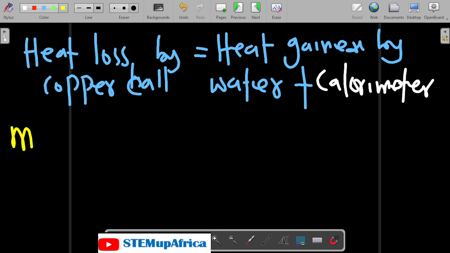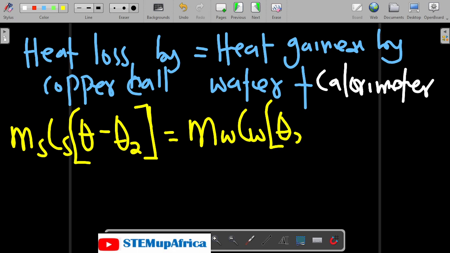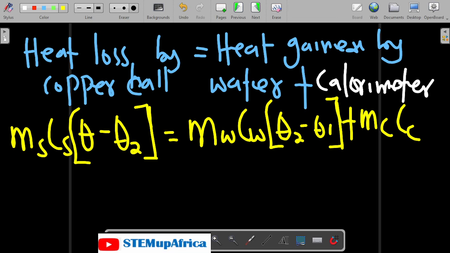So what is the heat lost by copper? It will be mass of solid, specific heat capacity of solid, theta minus theta 2, is equal to mass of water, specific heat capacity of water, theta 2 minus theta 1, plus mass of calorimeter, specific heat capacity of calorimeter, theta 2 minus theta 1. That's what we are going to get.